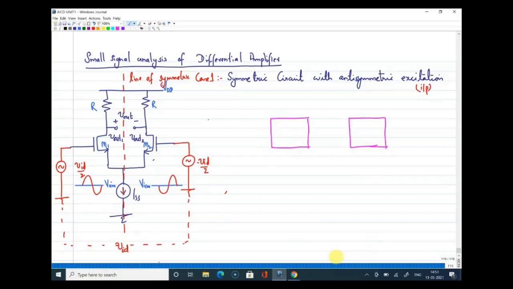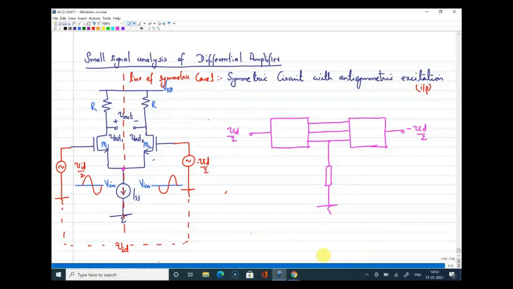I'm representing the circuit here in the form of a block, and on this side I'm connecting the signal Vid by 2, and on this side the signal minus Vid by 2, and there will be a lot of connections in between. If you look at the main circuit, even in the line of symmetry there is something connected. So this is the line of symmetry. I'm connecting some devices over there. Do you understand what I have done here?